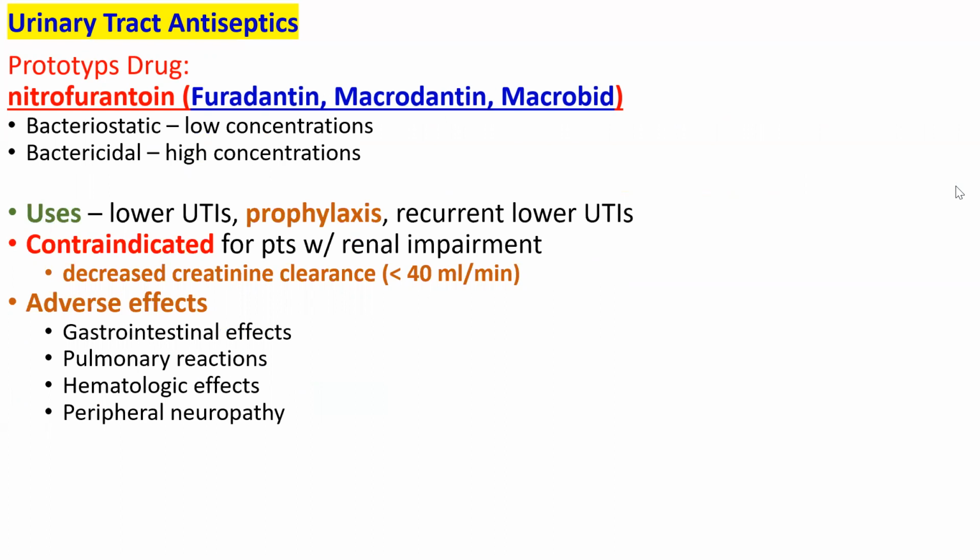Or it can also be used as a prophylaxis, for patients who tend to develop UTIs. Then we can prophylactically prescribe a lower dose, a small dosage of nitrofurantoin, Macrodantin or Macrobid, to prevent the UTIs.